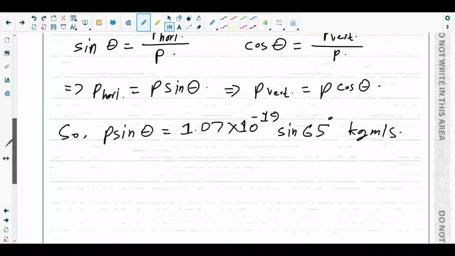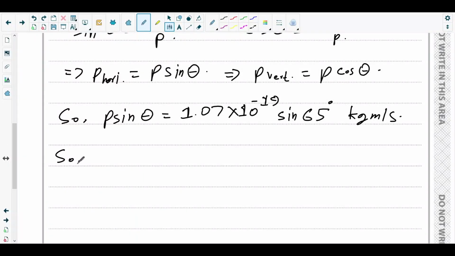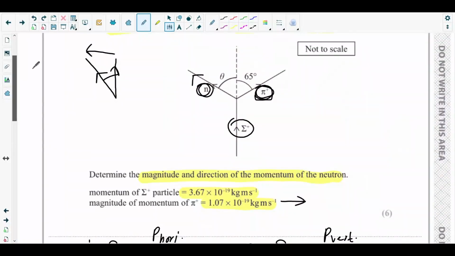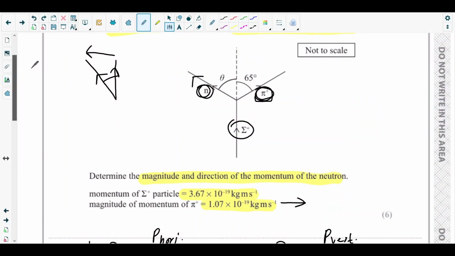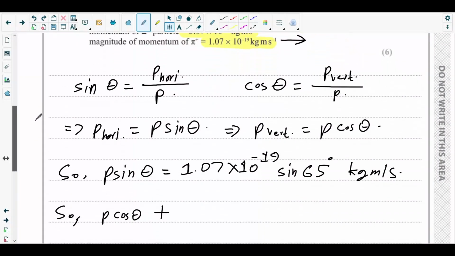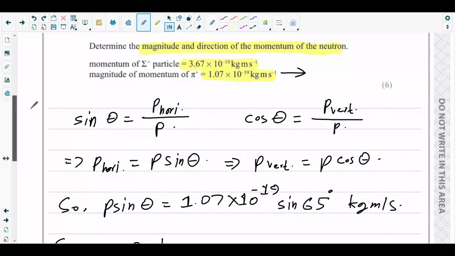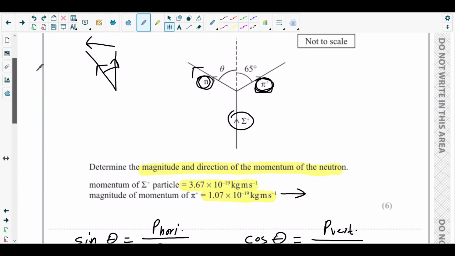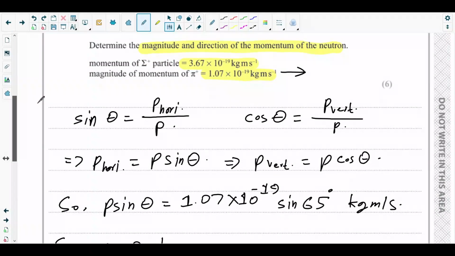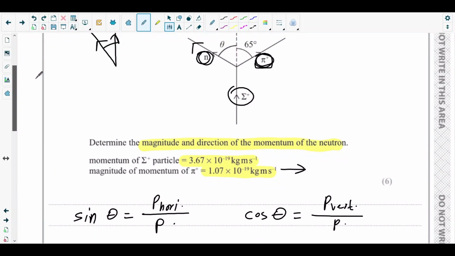So we can write P cos theta plus the vertical component of the momentum of the pion plus, which is 1.07 times 10 to the power negative 19 cos 65 degrees. The horizontal component was sin 65, so the vertical component is cos 65.